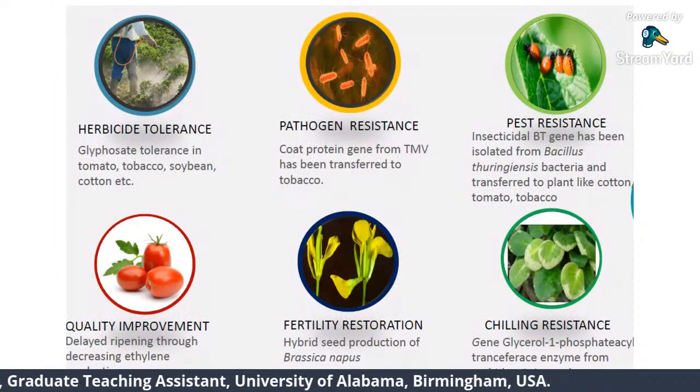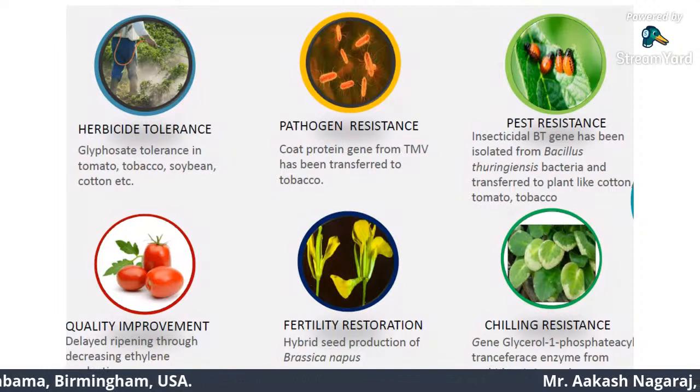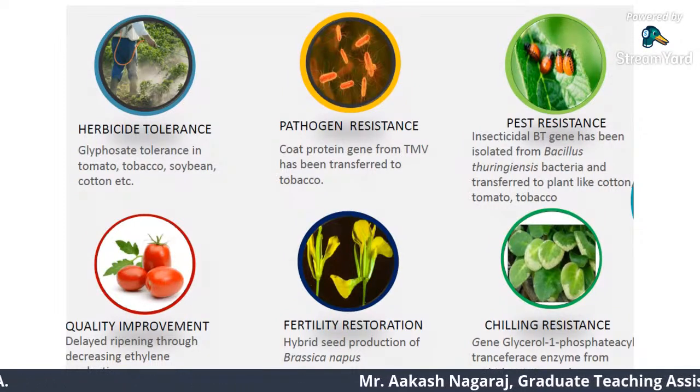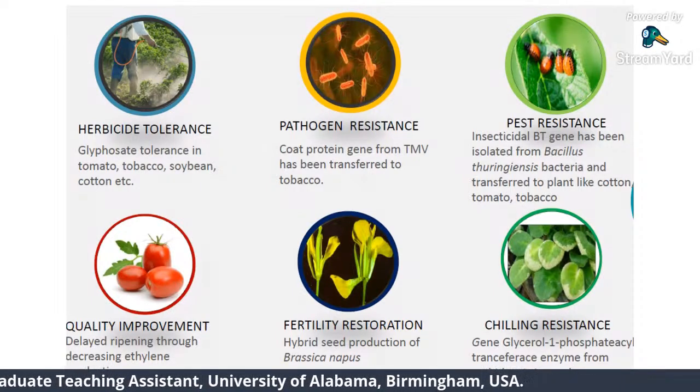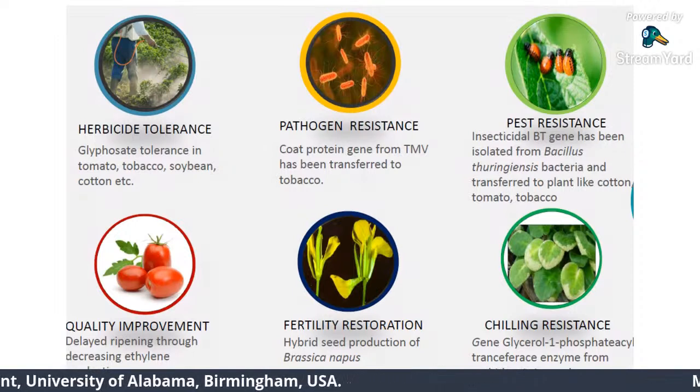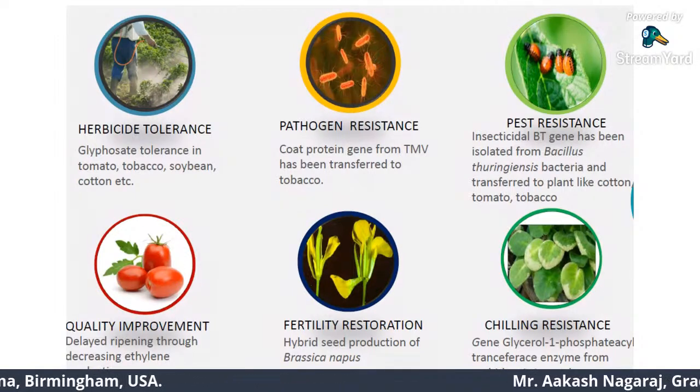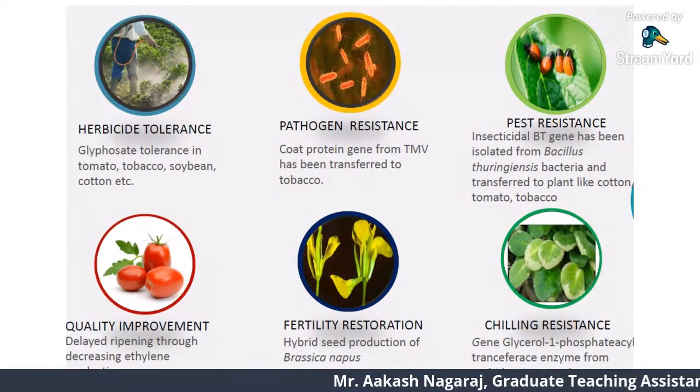Here are some example genes. So genes for herbicide tolerance could be put in plants, and pathogen resistance, pest resistance, Bt genes, quality improvement, fertility restoration, chilling resistance.